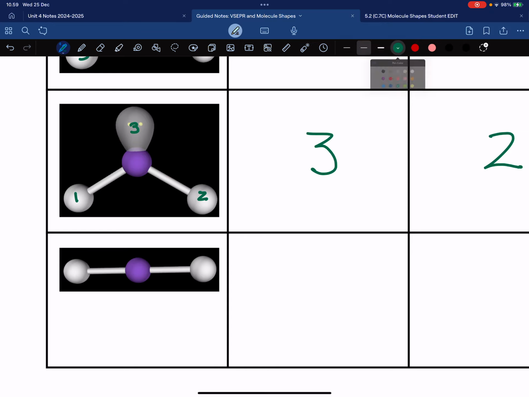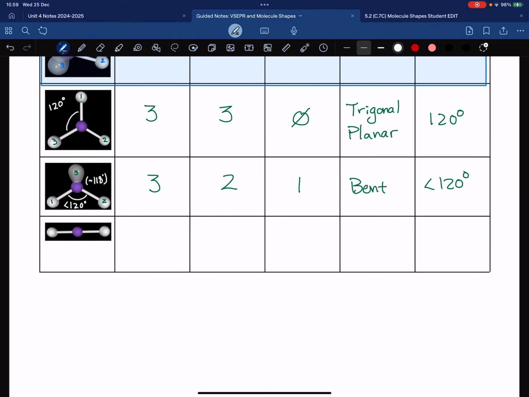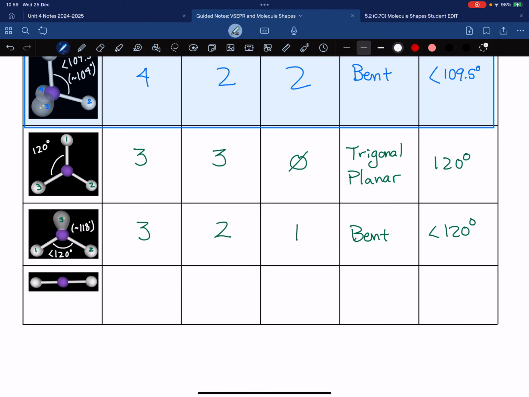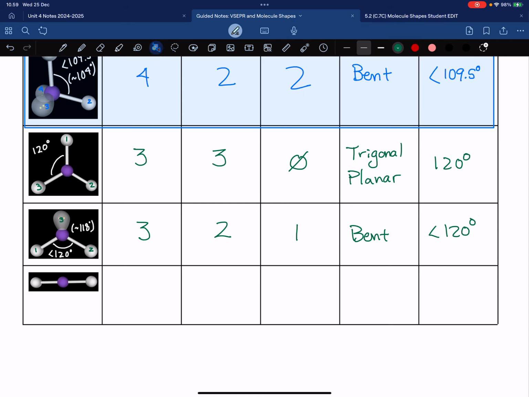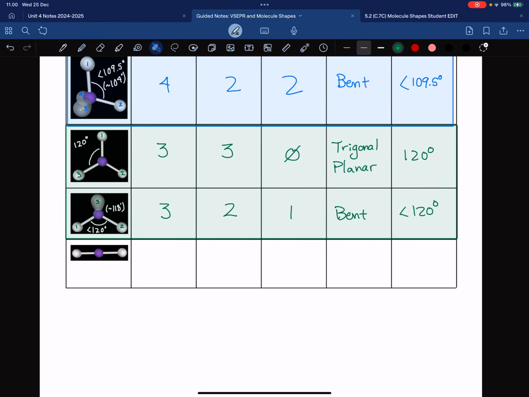It has a lower bond angle. So that bond angle less than 120 degrees, probably somewhere around 118. Those guys are the 2 that have the 3 electron domains. So I'll pull those together with that color. Yeah? All right.